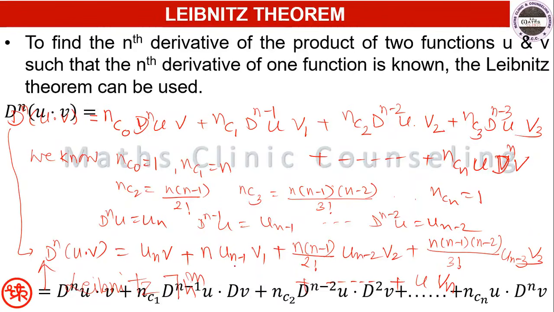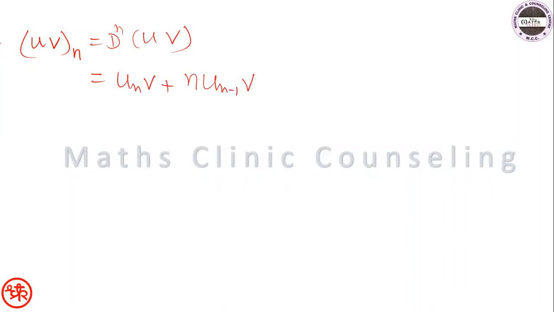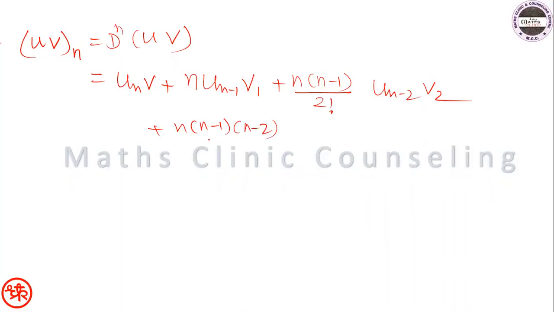Okay, now look here. u into v suffix n means nth derivative of u into v, and now it is unv plus n into un minus 1 v1 plus n into n minus 1 by 2 factorial un minus 2 v2 plus n into n minus 1 into n minus 2 by 3 factorial un minus 3 v3 plus dash dash dash plus u into vn.